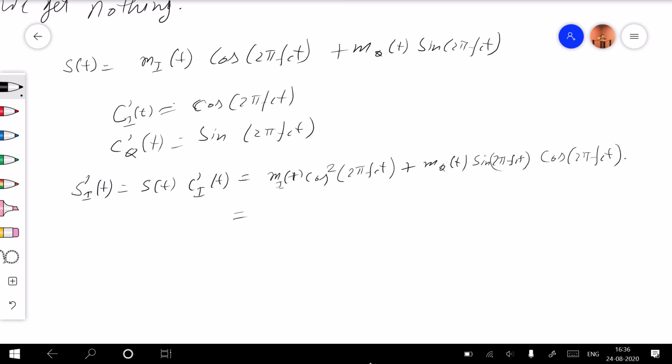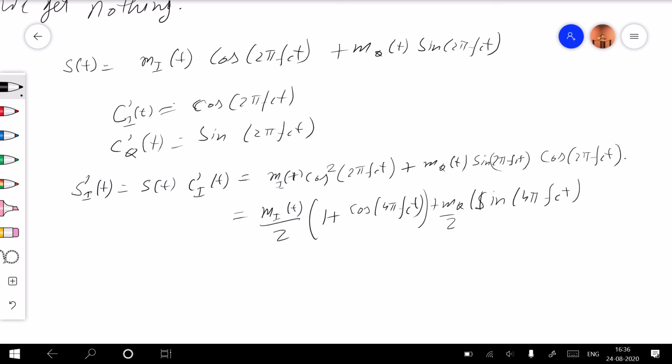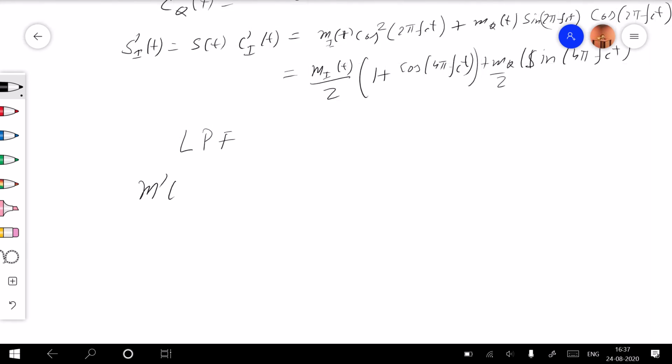Fine. Equals M_I(t) by 2 times 1 plus cos 4 pi fct plus M_Q(t) by 2 sine 4 pi fct. Again, our favorite tool, low pass filter. I get M prime I(t) equals M_I(t) by 2.